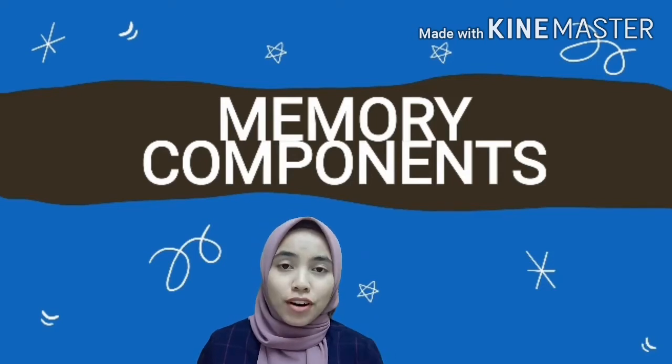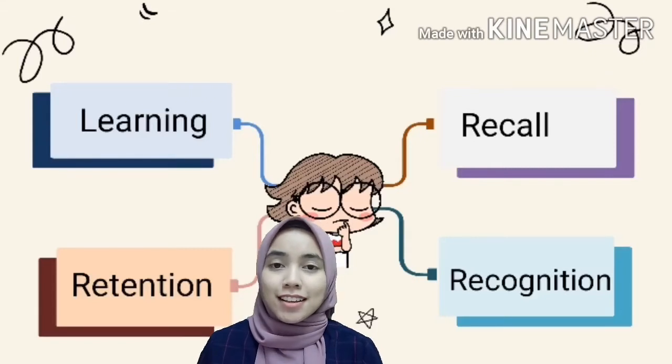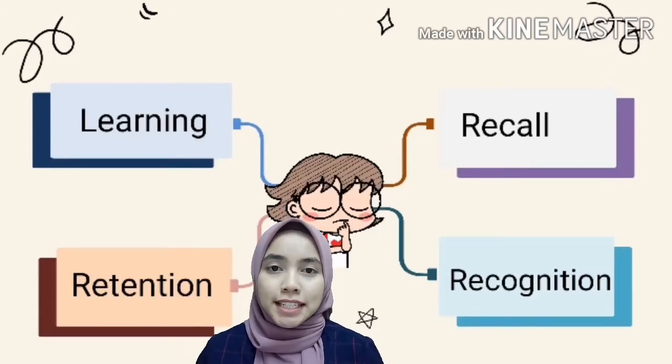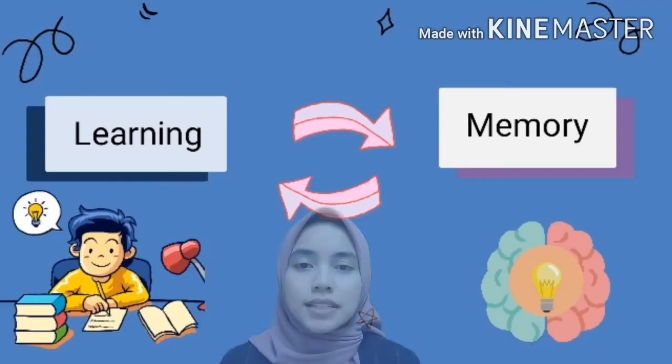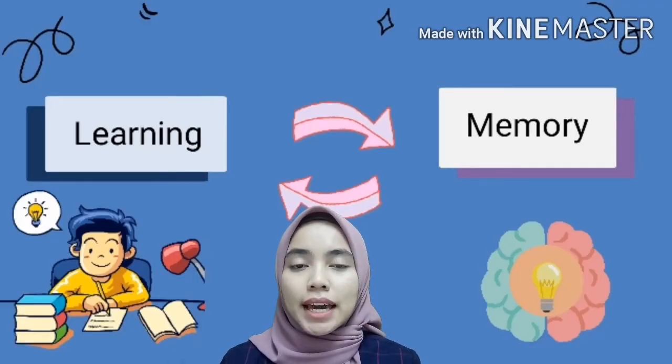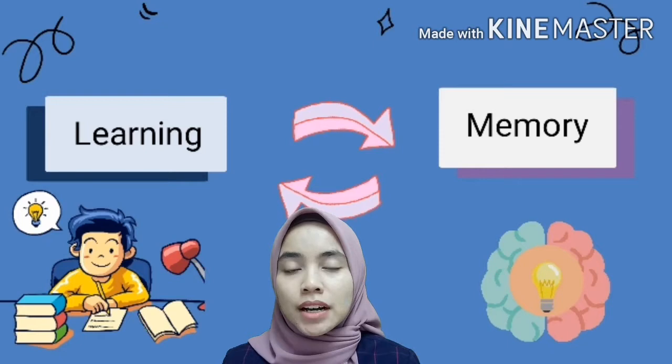Okay, this point is about memory components. There are 4 memory components. First is learning, second recall, third recognition, and last retention. Okay, we go to the next slide. First is learning. Learning and memory are closely related. Learning is the acquisition of skill or knowledge.